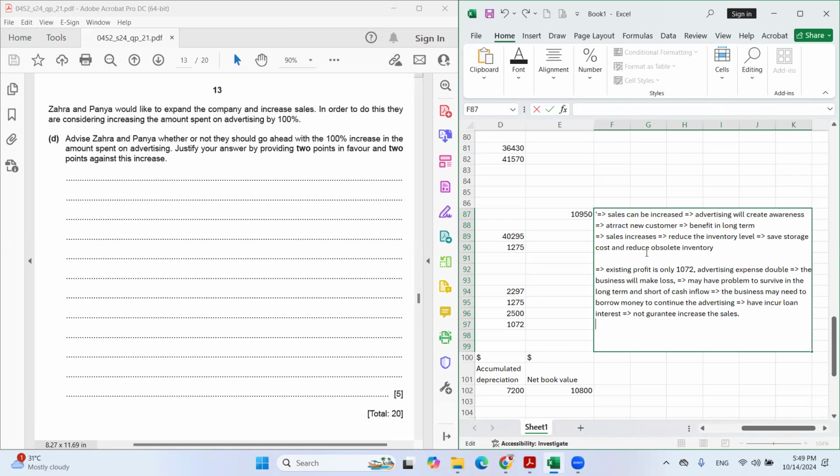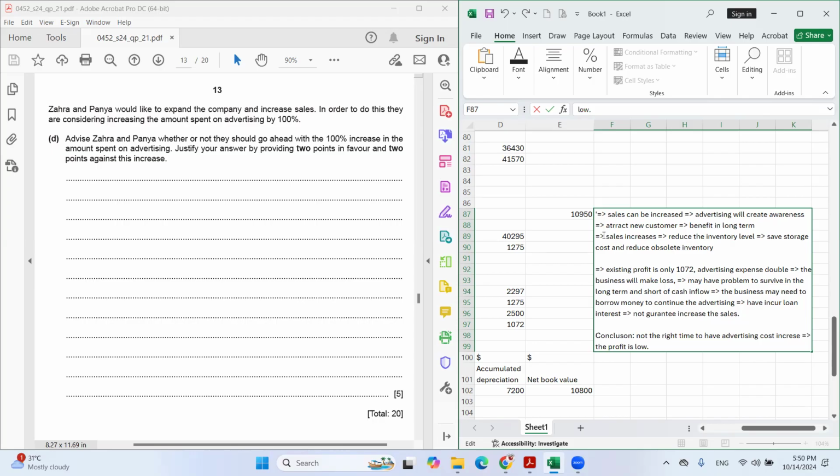So basically, if you ask me at the moment, by looking at the conclusion, for me, I think this is not the right time to increase advertising costs, because the profit is low. So it will make the business make a loss.